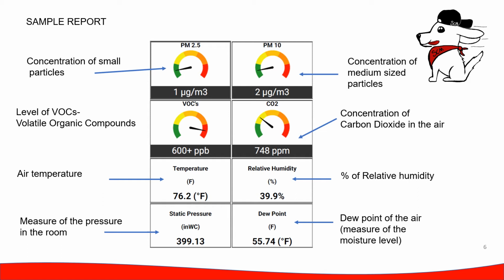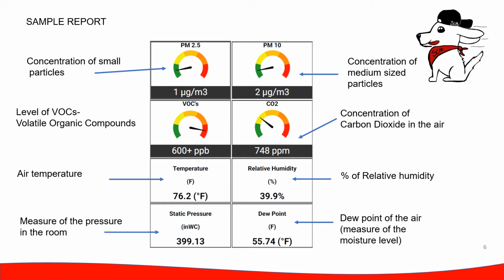At the top level, the two indicators, or dials, show the concentration of particles in the air. The top left is the particle count at 2.5 microns. On the right, it's the particle size of 10 microns, and the concentration in the air, here per square meter.